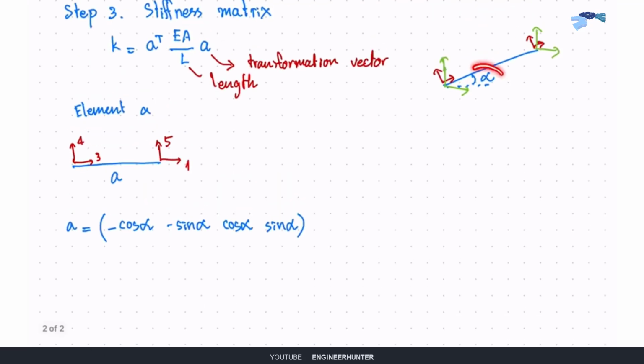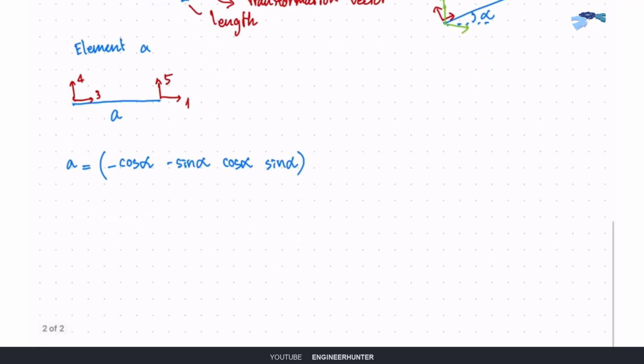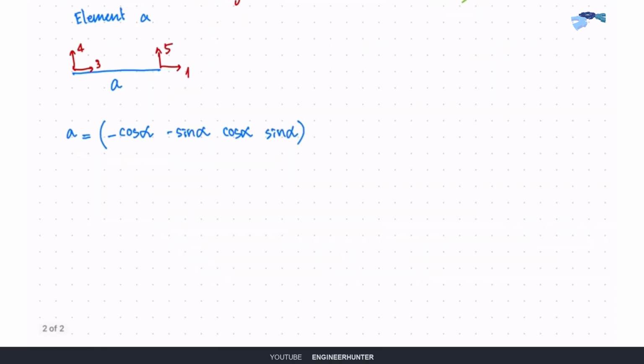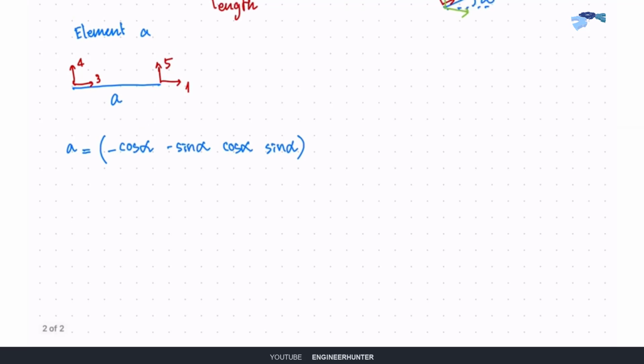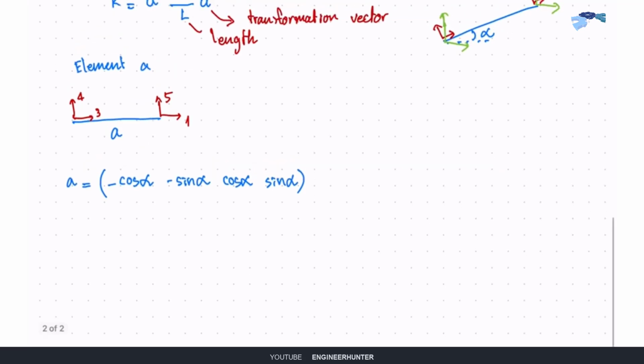So this is the alpha. It is the angle of the element here. In this case, the alpha is equal to 0. So this is the transformation vector.